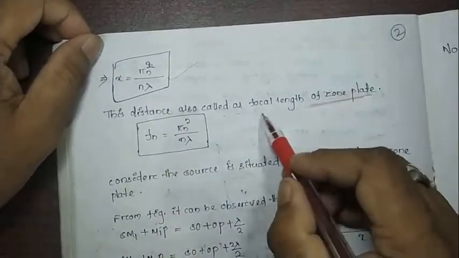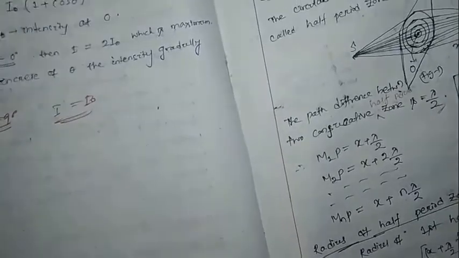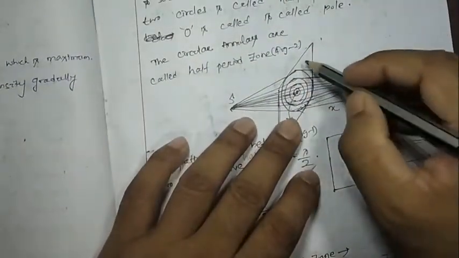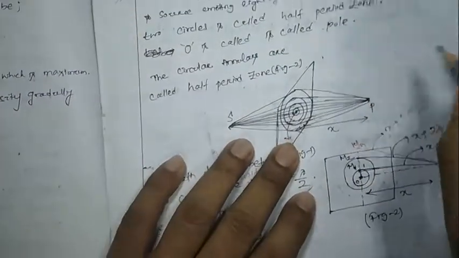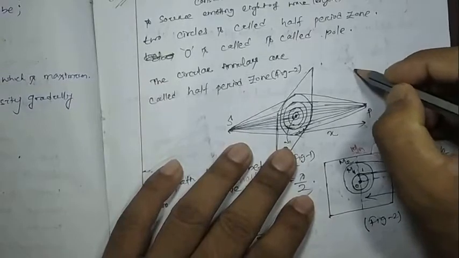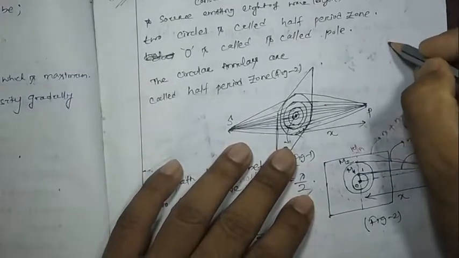So if we say the focal length of the zone plate, and we consider that the zone plate acts as a convex lens, then this convex lens has to obey the convex lens formula, which is 1 by v minus 1 by u is equal to 1 by f.